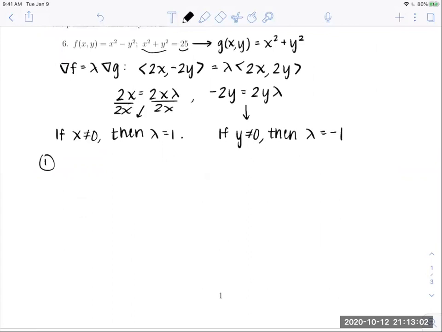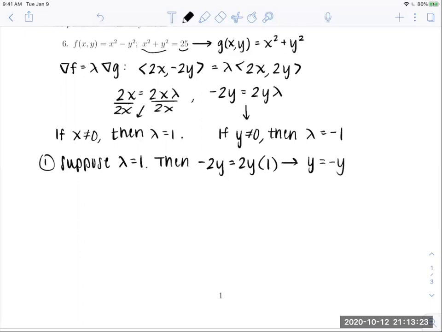Case 1, let's suppose that lambda is 1. Then the other equation, negative 2y equals 2y times lambda, which is 1, tells us that y has to equal negative y. And there's only one number that equals its opposite, and that's 0.